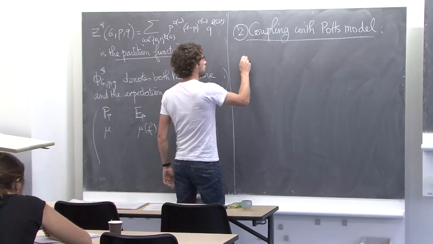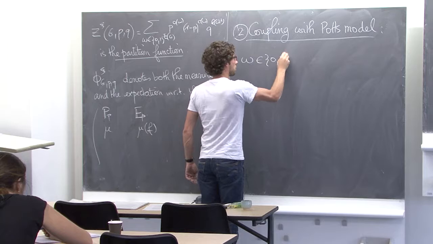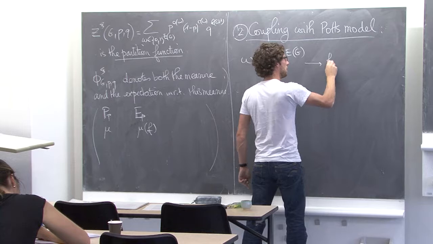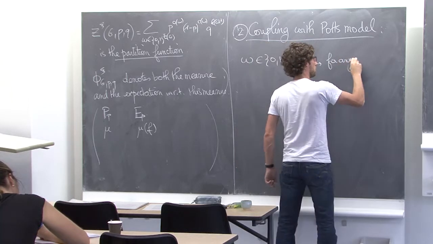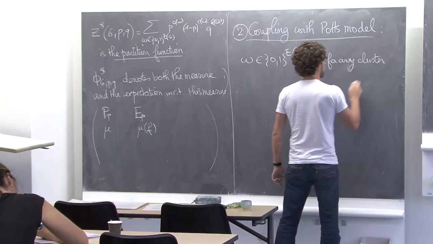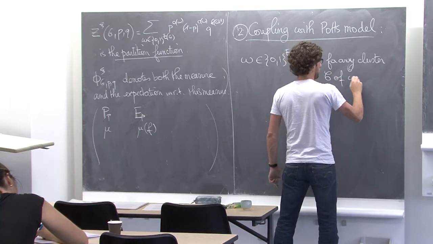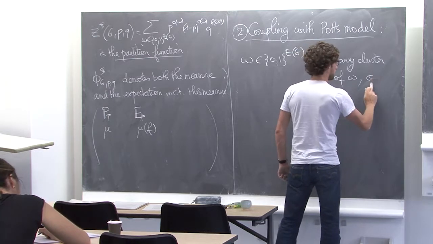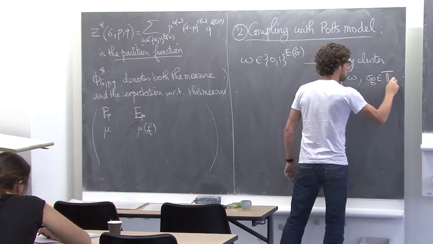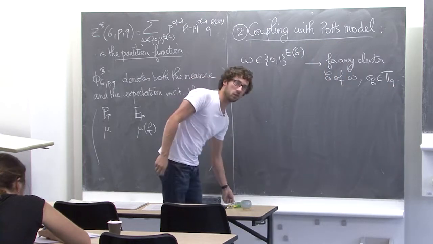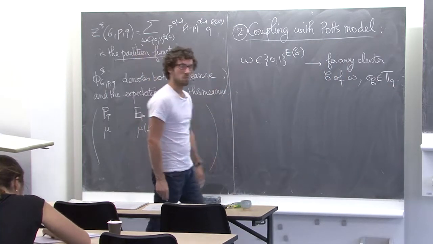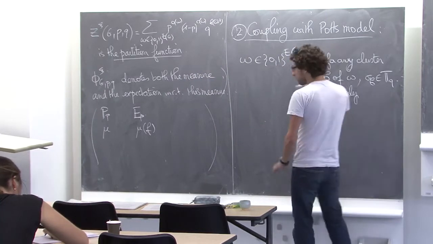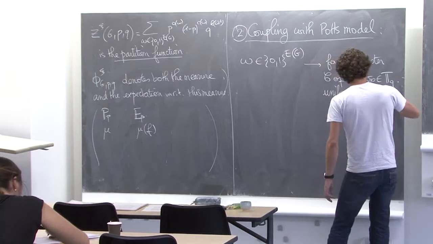So from a configuration omega, what you're going to do is, for any cluster C of omega, attribute sigma of C in your spin space, T_q, uniformly. So for every cluster you do it uniformly and independently.